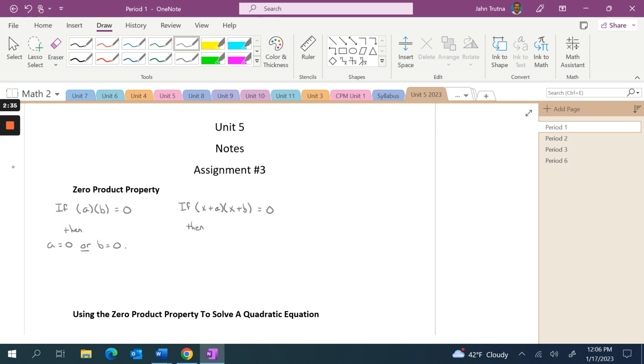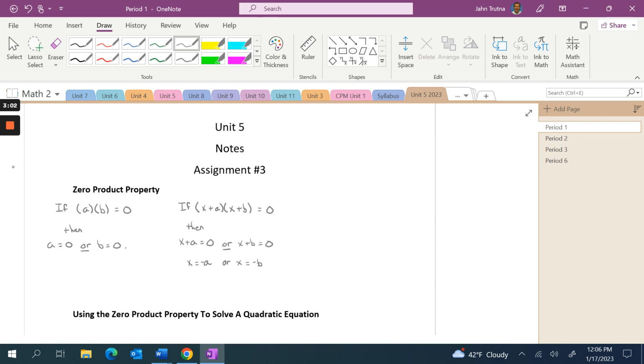Then the zero product property says that x plus A has to be equal to 0, or the x plus B quantity has to be equal to 0. Okay, so this would mean that x would have to be equal to negative A, or x would have to be equal to negative B.